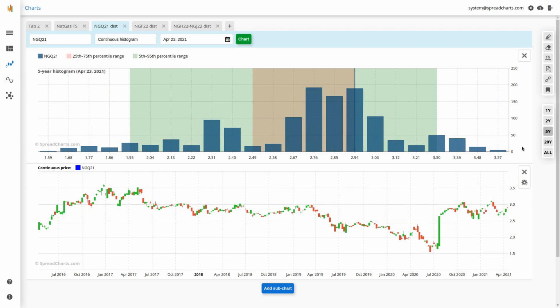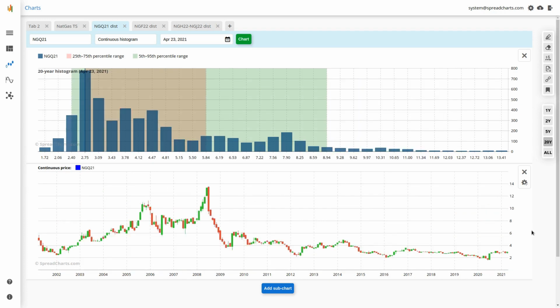However, when I switch to a longer-term view, I mean the last 20 years, the situation is entirely different. You can see that the current prices are very low. We are roughly close to the 25th percentile, at the left boundary of this red field.